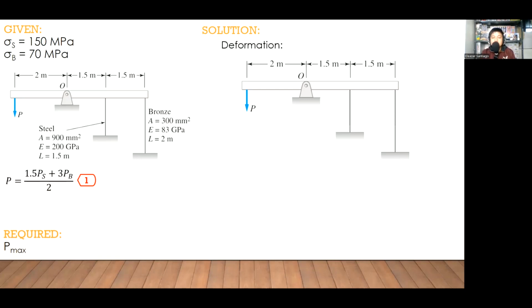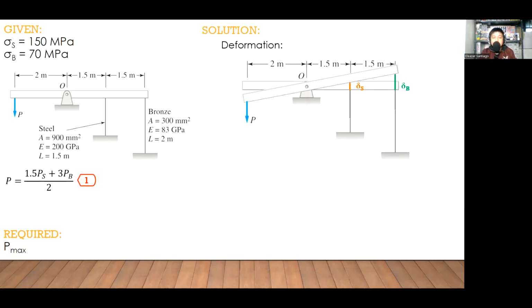Therefore, by just applying this P, this bar will rotate, and for our rod, this will elongate, similar to this one. Okay, so for our elongations, we will be having elongation for the steel, that is again in reference to its original line, as well as for the elongation of the bronze material.